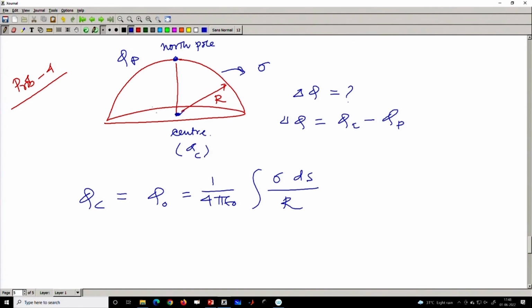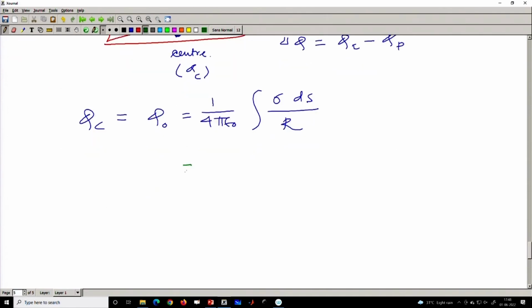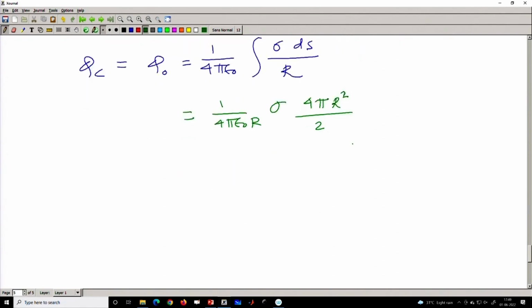So, r is the same. So, I simply have 1 by 4 pi epsilon 0 r, then sigma, and the integration of ds is simply 4 pi r square, divided by 2 for half of the sphere. So, I simply have sigma r divided by 2 epsilon 0.